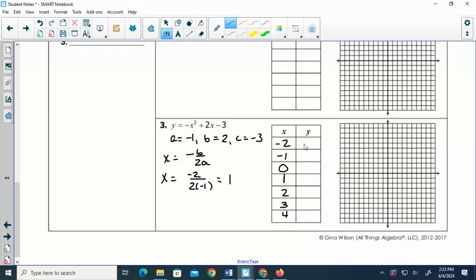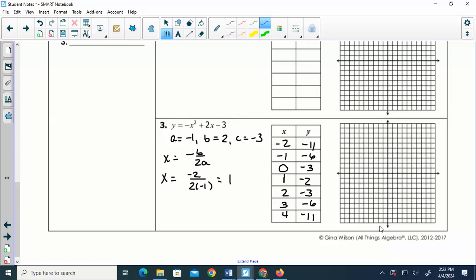So if I plot these, -2, -11, does my graph even go down that far?